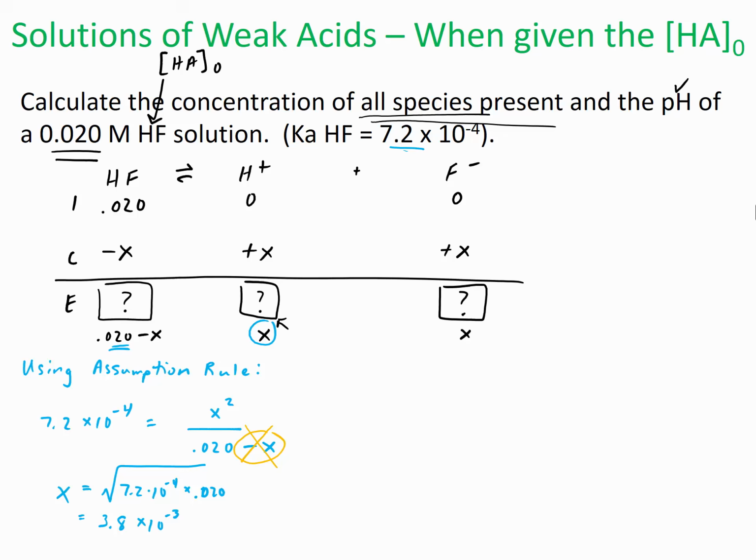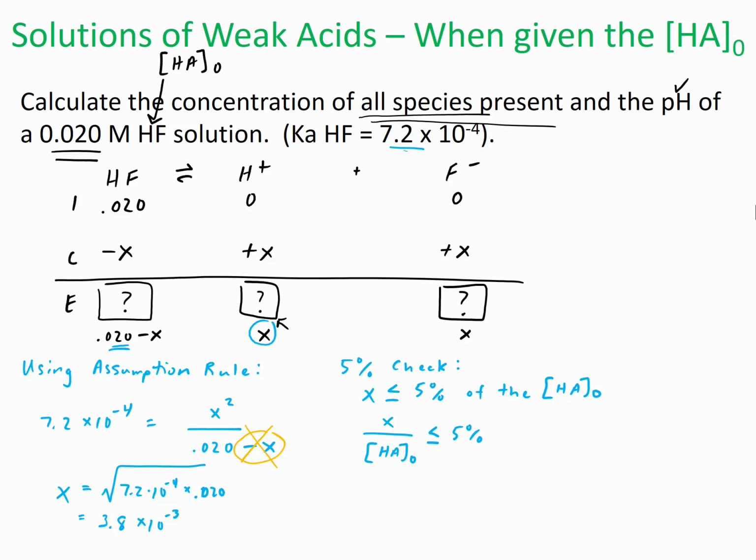We're going to do what is called the 5% check on this problem. The assumption rule is said to work when X is less than or equal to 5% of the initial acid concentration. So we're going to put what we got using the assumption rule: X over the initial amount needs to be less than or equal to 5% for the assumption rule to work.